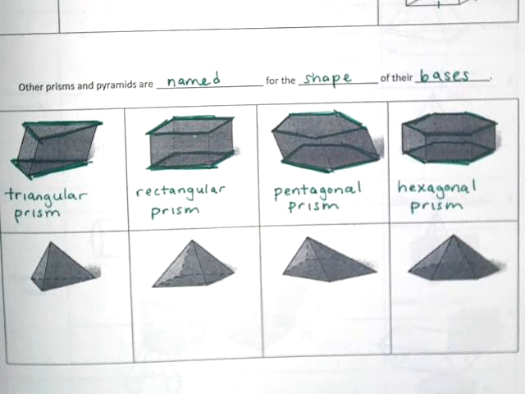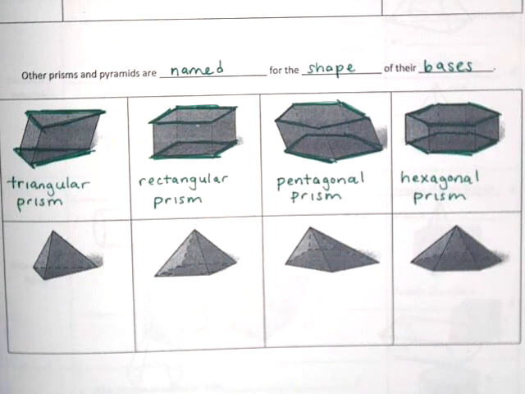Moving on, I want you guys to take a look. Notice that all of these lateral faces in all of these pictures are triangles. That's a key way of determining that a solid or a figure is a pyramid.